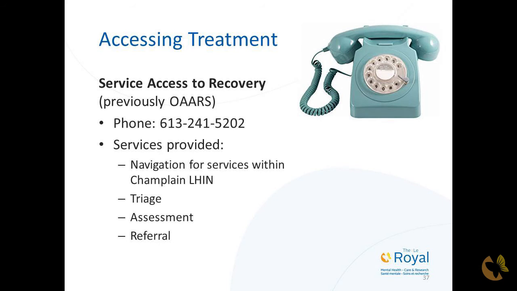And in the Champlain LHIN, this is our systems navigator. So if you have questions about where to go, where to find services, these are the people to call. They provide navigation for services within the Champlain LHIN. They triage folks, and they provide a bit of an assessment as well, and then referral to treatment. So they directly refer folks to treatment.